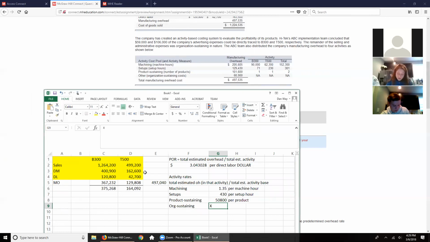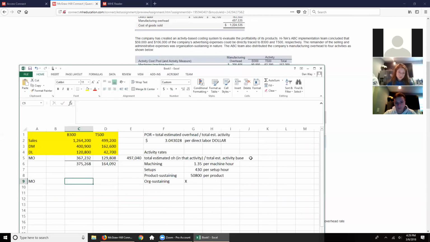So now, when we want to determine the overhead applied to each product, we'll do that in a similar way as we did with the plant-wide rate, only now we have to make sure we incorporate all these different activities. I'll do this out to the side here, and then we'll plug back in on the left-hand side.